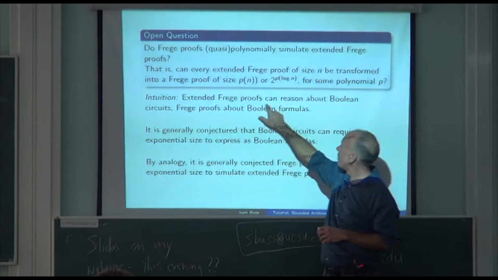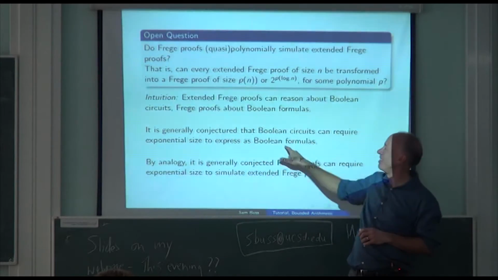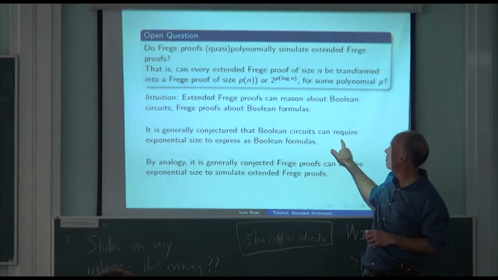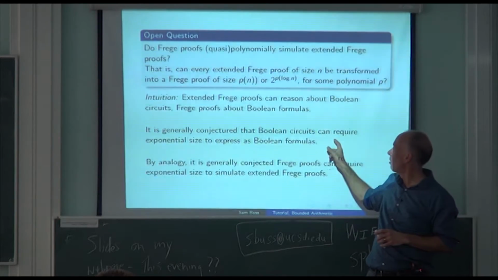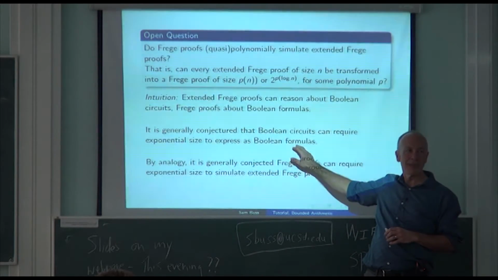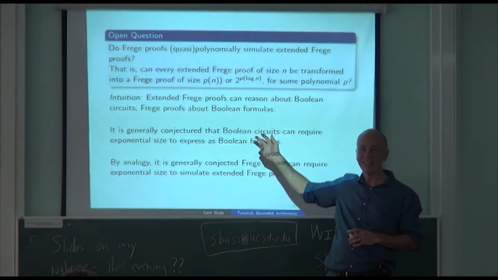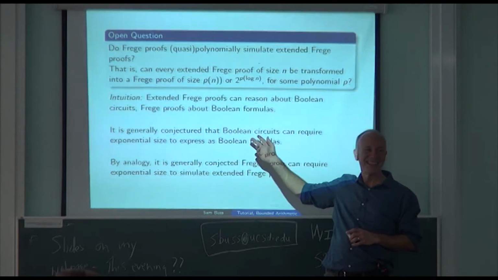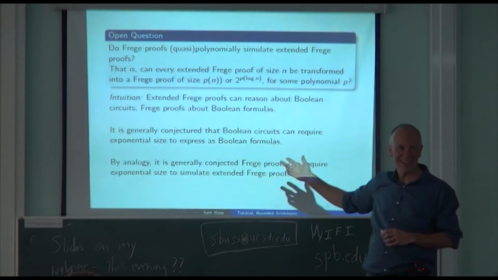Extended Frege proofs can reason about Boolean circuits, period. Frege proofs can reason about... now here, it's generally conjectured that it can require exponential size. Oh, I see. No, this is right. It's generally conjectured that a formula might need to be exponentially bigger than a corresponding circuit. At least I would have conjectured that, but there's plenty of experts in the room who might say they don't conjecture that. Have I got it backwards? It's okay, it looks right to me.